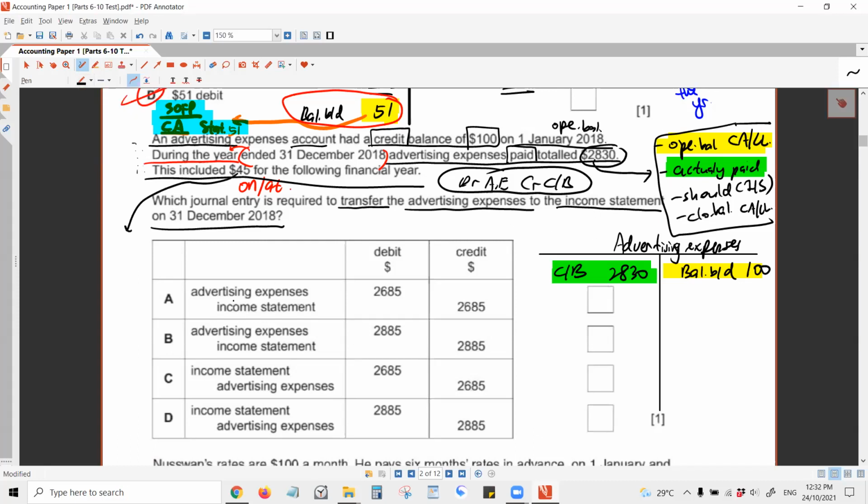Good. CA. Okay, an expense that you have overpaid, CA. So meaning the balance b/d for the closing balance is going to be on the debit side. That's why I asked you to determine CA or CL, right? If it is CA, balance b/d on the debit side. Okay, now we can include it.